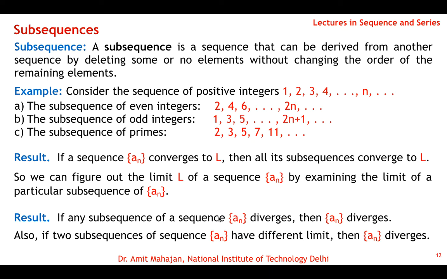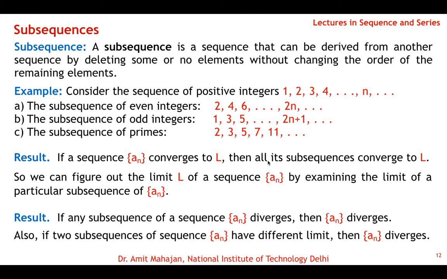And if you can prove that there are two subsequences of a sequence having different limits, then the sequence is divergent, because for convergence it must converge to a finite unique value.